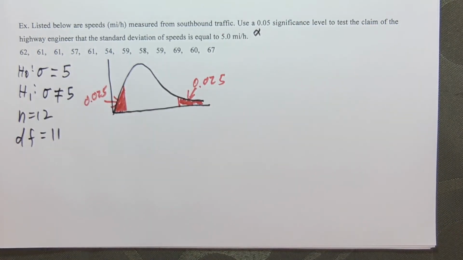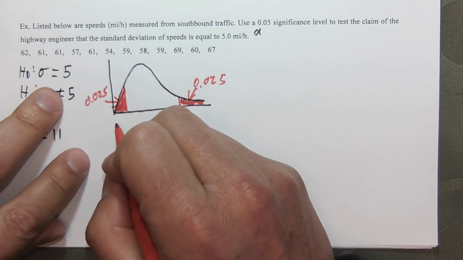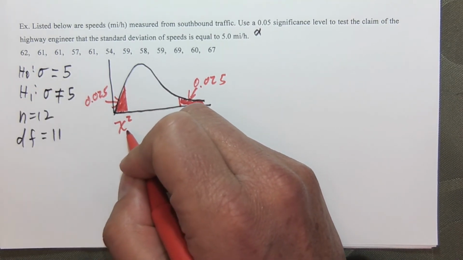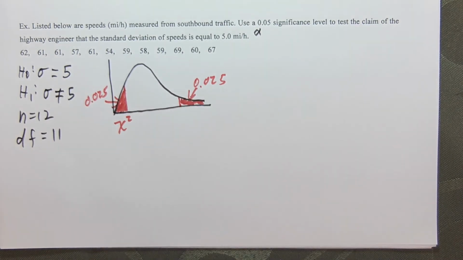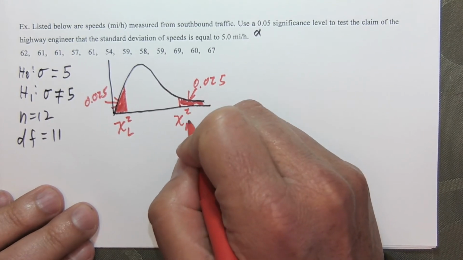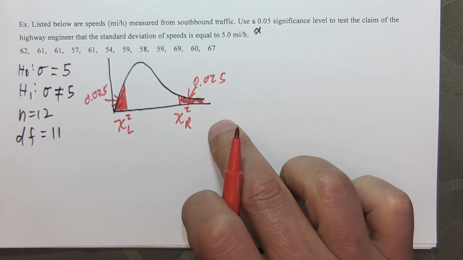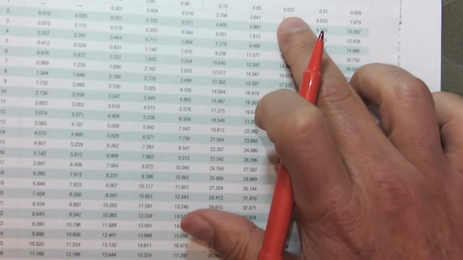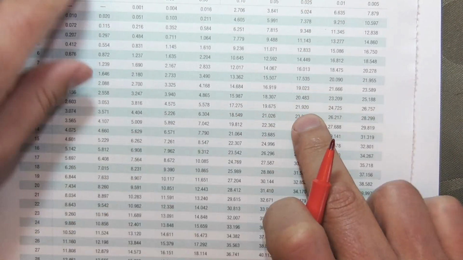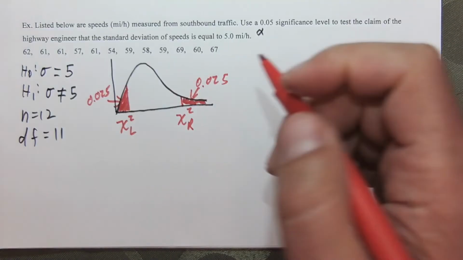Remember, with my table, it is always area to the right. So this is going to be my chi-squared left and chi-squared right. I'll start with the right one because there's 0.025, degrees of freedom of 11. That brings me here, 21.920.